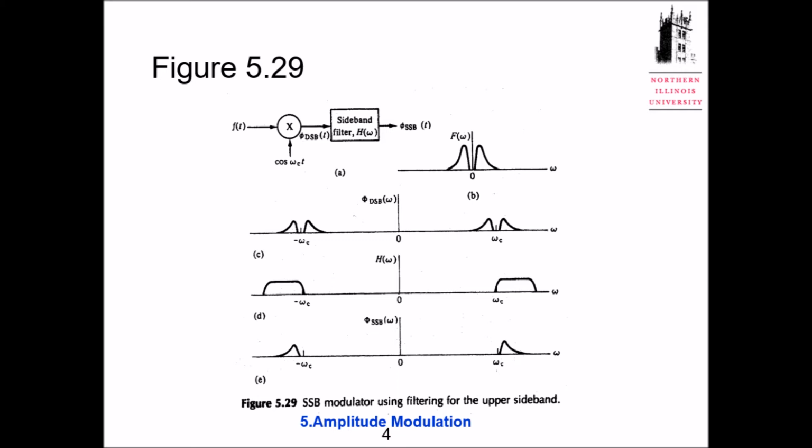Like Butterworth, Chebyshev, elliptic filters. So for some signals, the two sidebands are pretty close to each other. We cannot use a sideband filter to remove one sideband. What can we do? Today we talk about the second method. We call it the phase shift method.